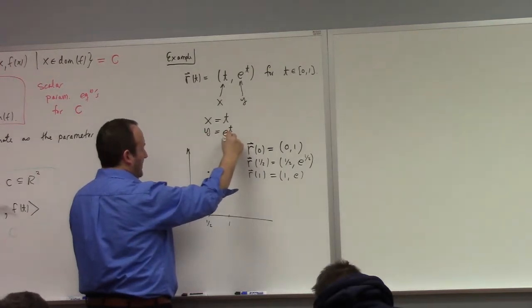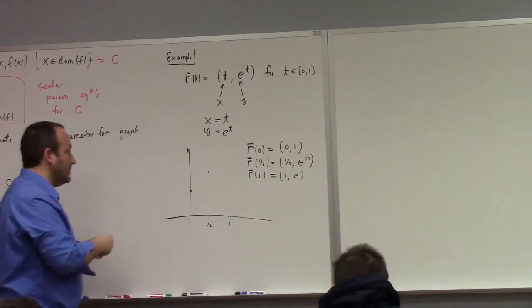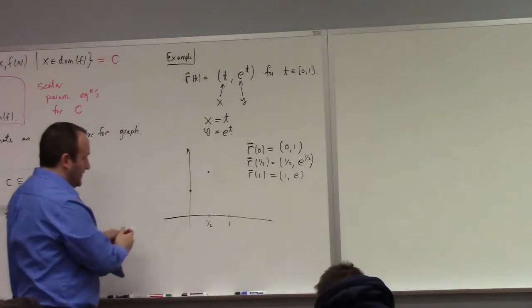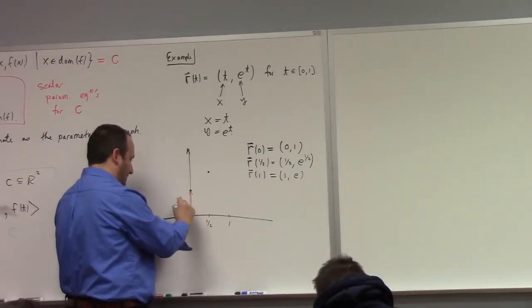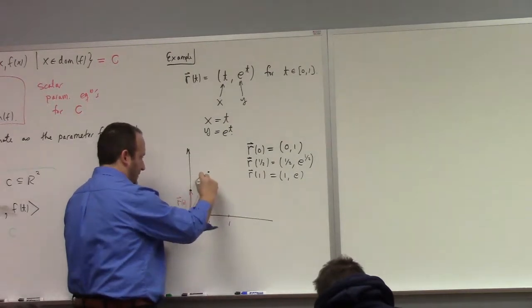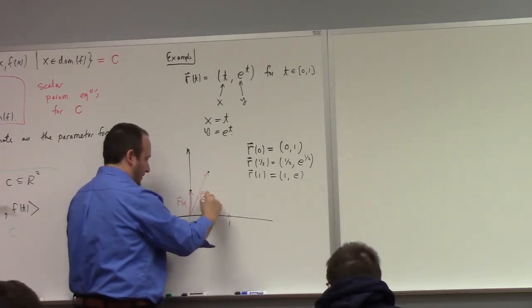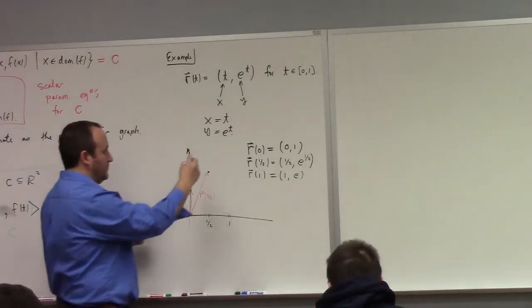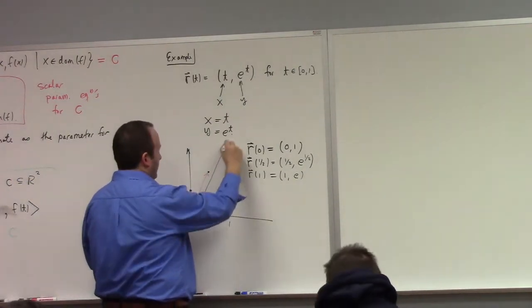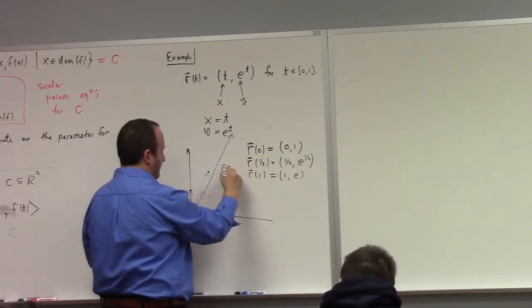Oh man, poor planning on my part, but the point is that this is R of 0, this is R of 1/2, all right? And I'll do it in blue, but this right here is R of 1.